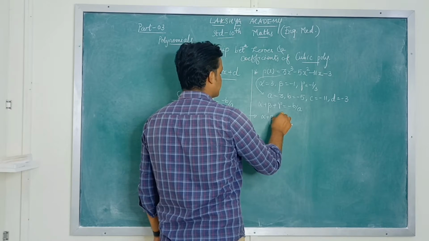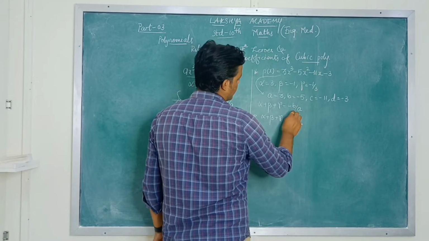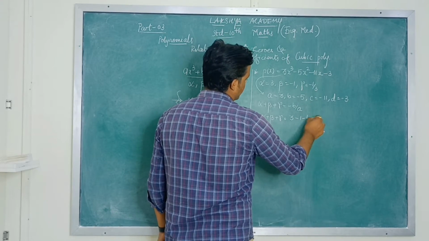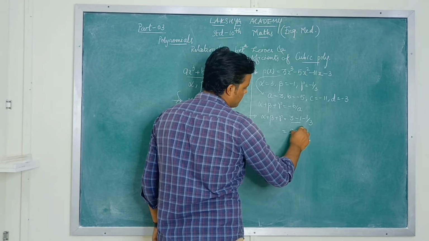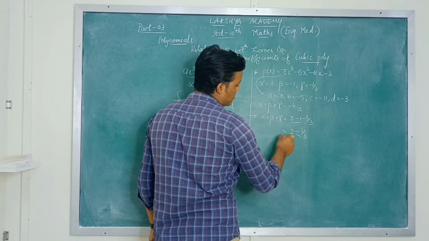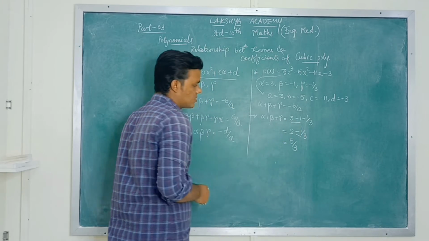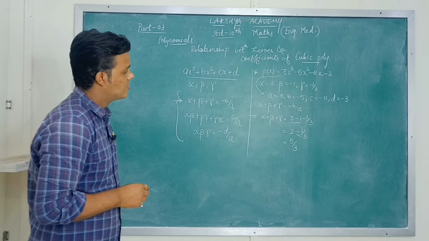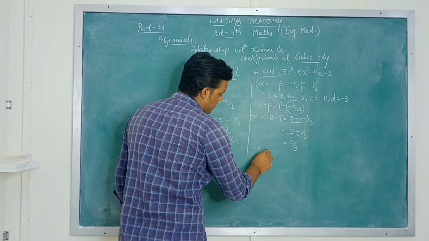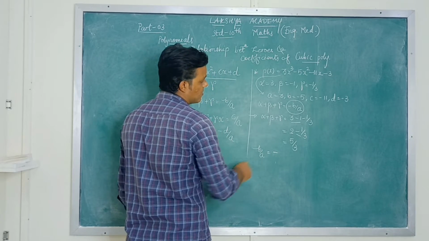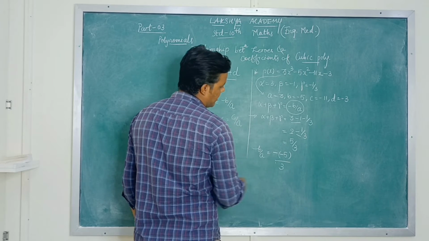Alpha plus beta plus gamma equals 3 minus 1 minus 1 by 3. It will be 3 minus 1, 2, minus 1 by 3. 3 twos are 6, 6 minus 1, 5 by 3. So the answer is 5 by 3. Then for minus b by a, the value of b is minus 5, so minus of minus 5 divided by a, which is 3.